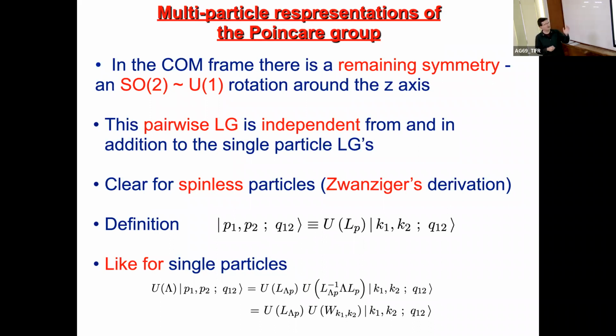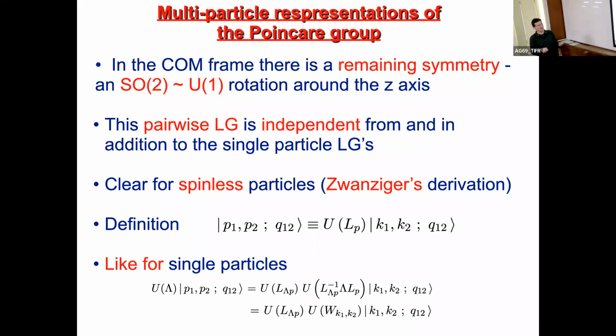There is another little group that is independent and in addition to the one-particle little groups for each particle. Because whenever you have a pair of particles, what you have to do is define what the representation for each individual little group is for the two particles. And in addition, you have to assign a representation to this pairwise little group.